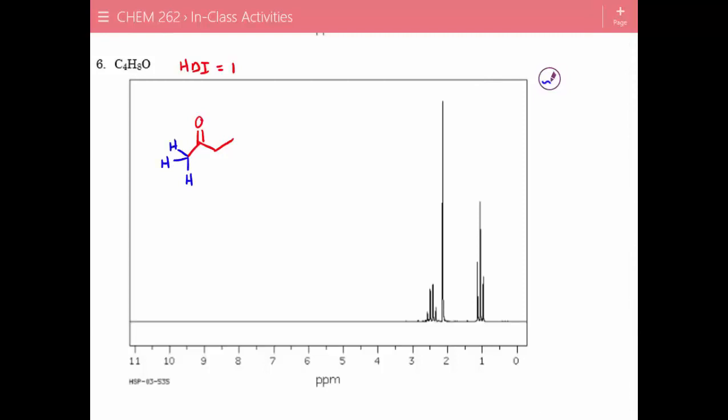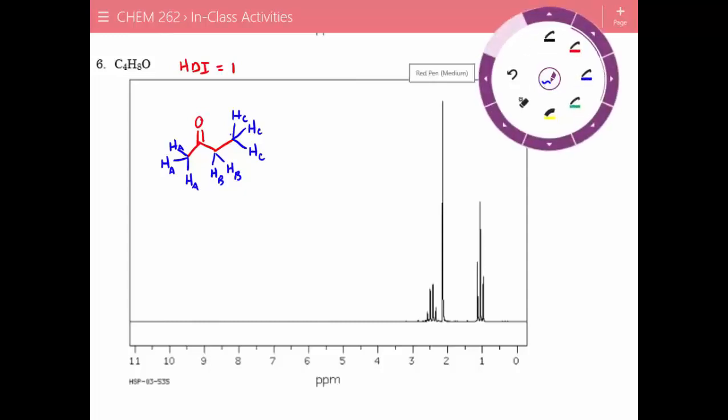So we've got a methyl group over here, we've got a methylene, which is that CH2 peak over here, and we've got a methyl group here. If we look at the methyl group on the left, these are all the same because we know methyl groups can spin like helicopter blades. If we look at the methylene protons, they'll be equivalent. And then the last methyl group will be equivalent. So this does have 3 signals, which is perfect.